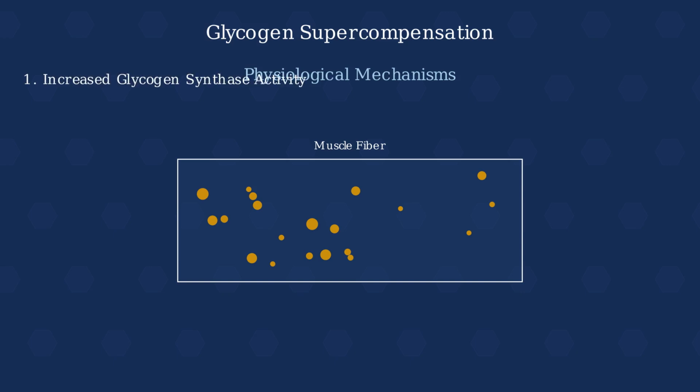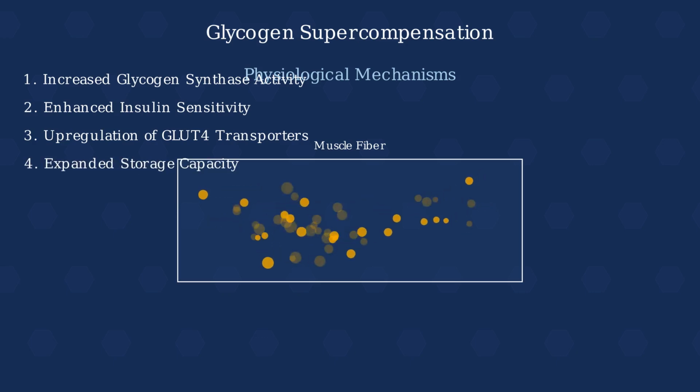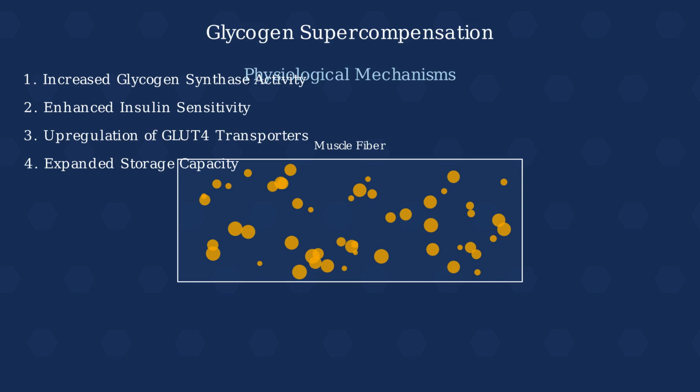First, glycogen synthase activity increases significantly. Second, muscle cells experience enhanced insulin sensitivity, allowing for greater glucose uptake. Third, there's an upregulation of GLUT4 glucose transporters on the cell membrane, further facilitating glucose entry. Finally, the muscle develops an expanded storage capacity, allowing more glycogen to be stored than under normal conditions.